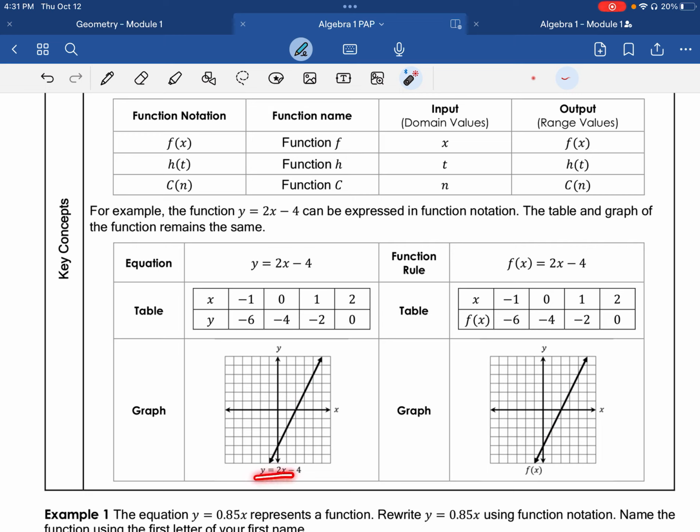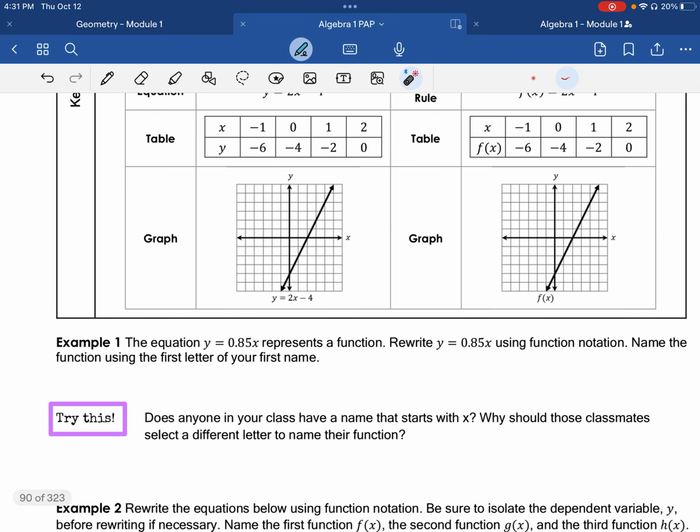Here I have to put the whole equation. Here I can just simply put f of x, the function notation, and I don't have to put the full name. I can also drop the of x part and just have the f. This comes in handy for geometry, because in geometry you're going to see lines with lowercase letters next to them like this, naming the line.